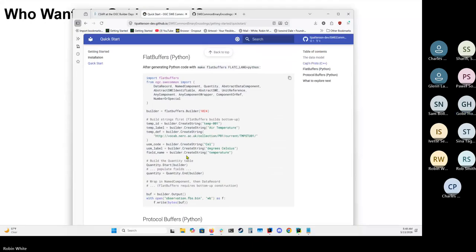I can understand with SWE Common the motivation is clear, but I'm just wondering about all the other models associated with this, whether it could be beneficial to try protobuf on them as well.